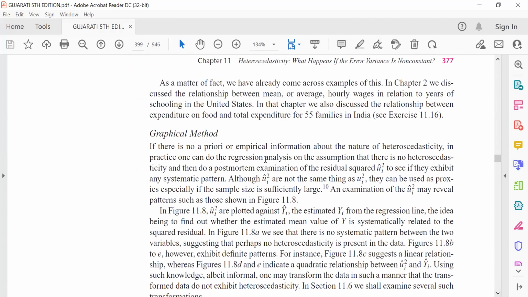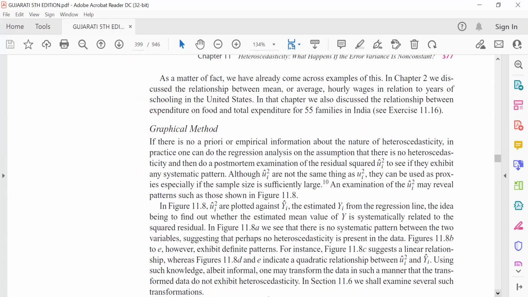The first method is the graphical method. But this one is not so easy for detecting whether heteroskedasticity is present in our model or not.